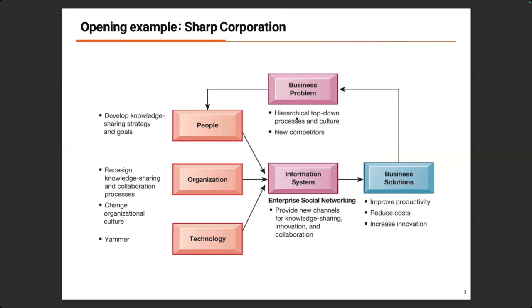And this diagram shows how Sharp Corporation used information systems to solve their business problems. They had some problems with hierarchical top-down processes and culture, and with new competitors.